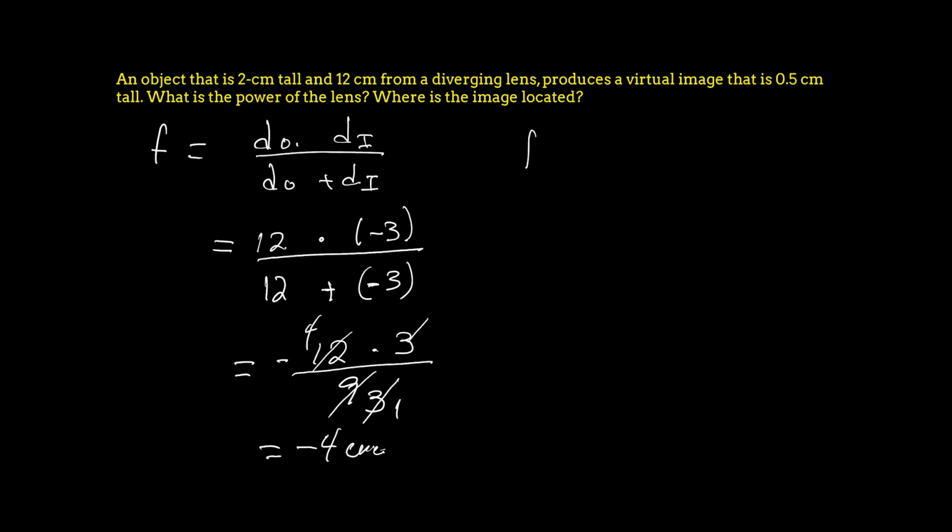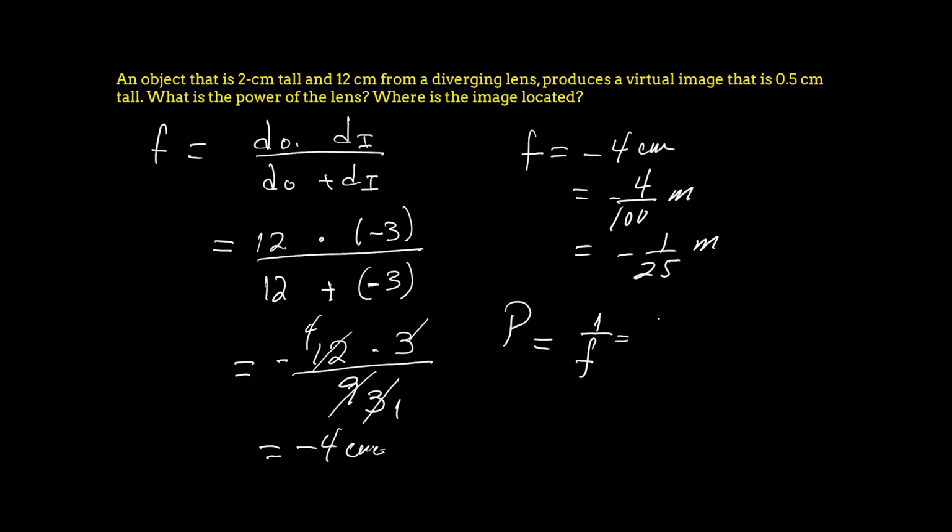So that's -4 centimeters, or -4 over 100 meters, or -1 over 25 meters. So the power is 1 over F, or 1 over -1 over 25, or -25 diopters.